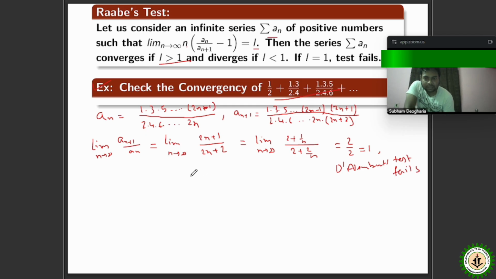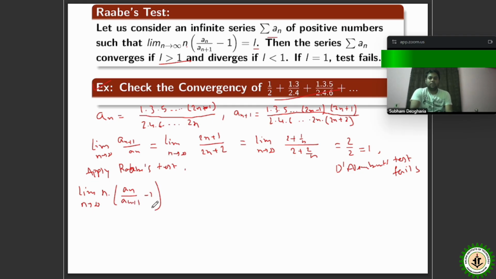Now let us apply Raabe's test. Limit n tends to infinity n into (a_n by a_(n plus 1) minus 1). So a_n by a_(n plus 1), what is the value here?